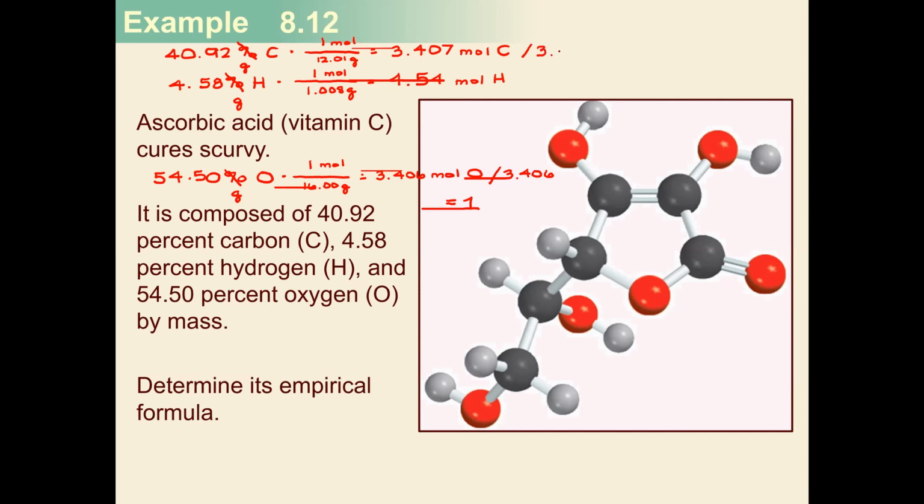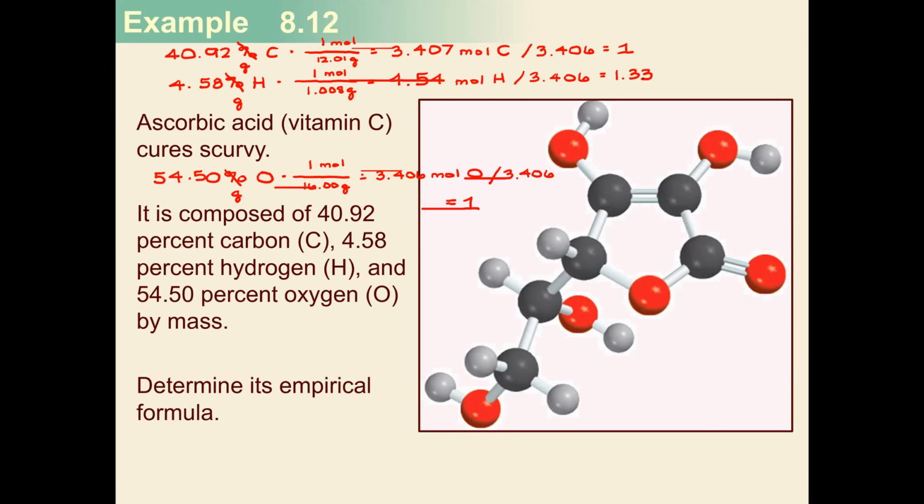So I will get my 3.407 divided by 3.406. And the nice part is that's come out very close to 1. If I go and do this for the hydrogen and divide by 3.406, you will now get a value of 1.33.